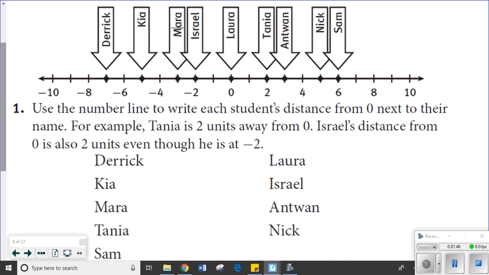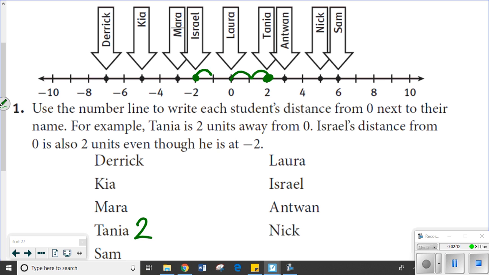For example, it says Tania is 2 units away from 0. So you see that she's right here, 1, 2, 2 units away from 0. So I would write a 2 next to that name. Israel's distance from 0 is also 2 units away, even though he is standing at -2.